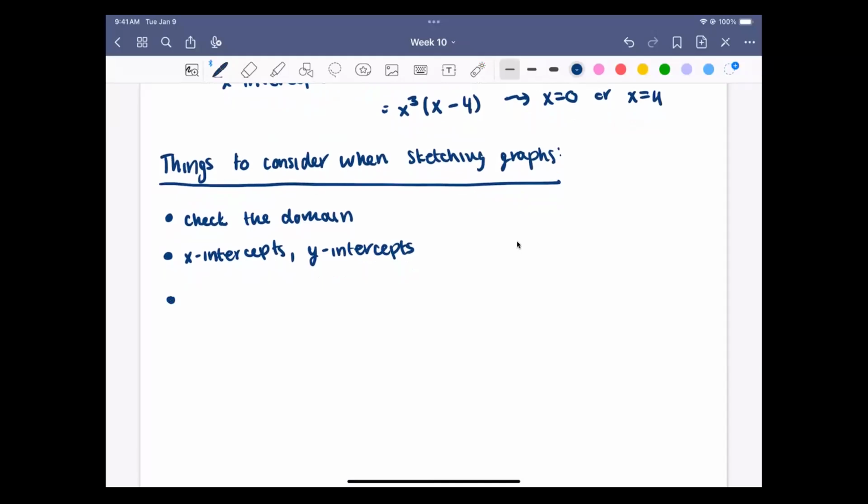One thing that we didn't do in this example, but can be helpful, is to know the tail behavior. So what is the limit as x goes to infinity or negative infinity of that function?